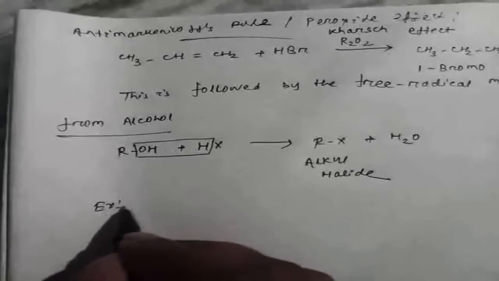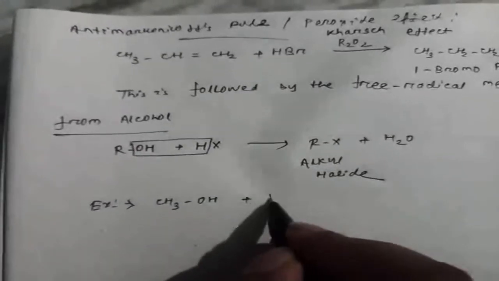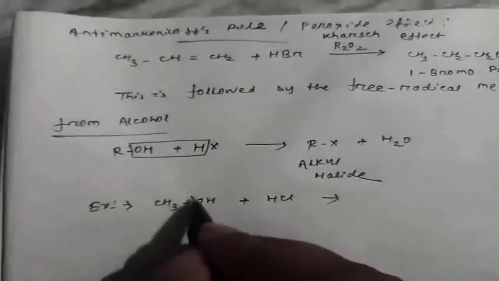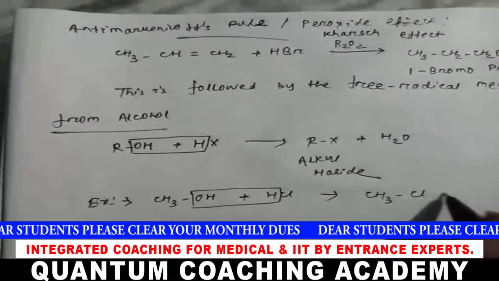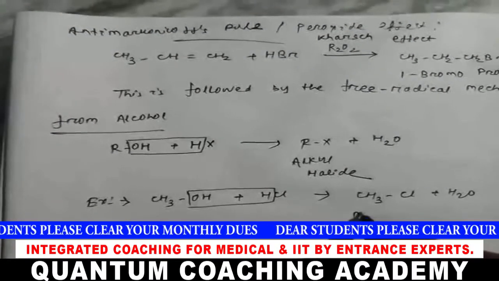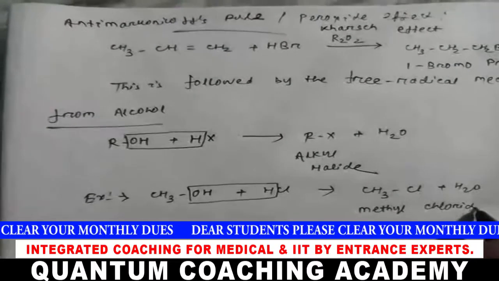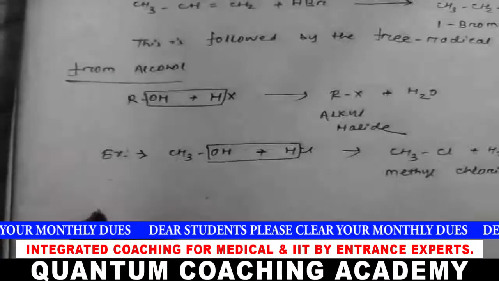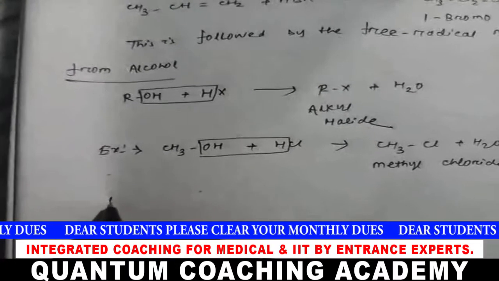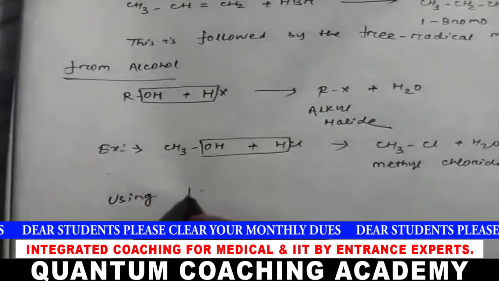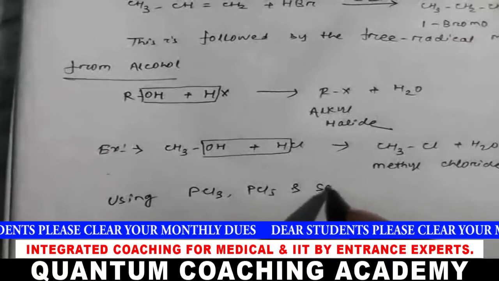Example, R means any alkyl group, CH3OH, suppose HX is HCl, that is CH3Cl plus water. This is methyl chloride. Here we can also prepare alkyl halide from alcohol using PCl3, PCl5 and SOCl2.